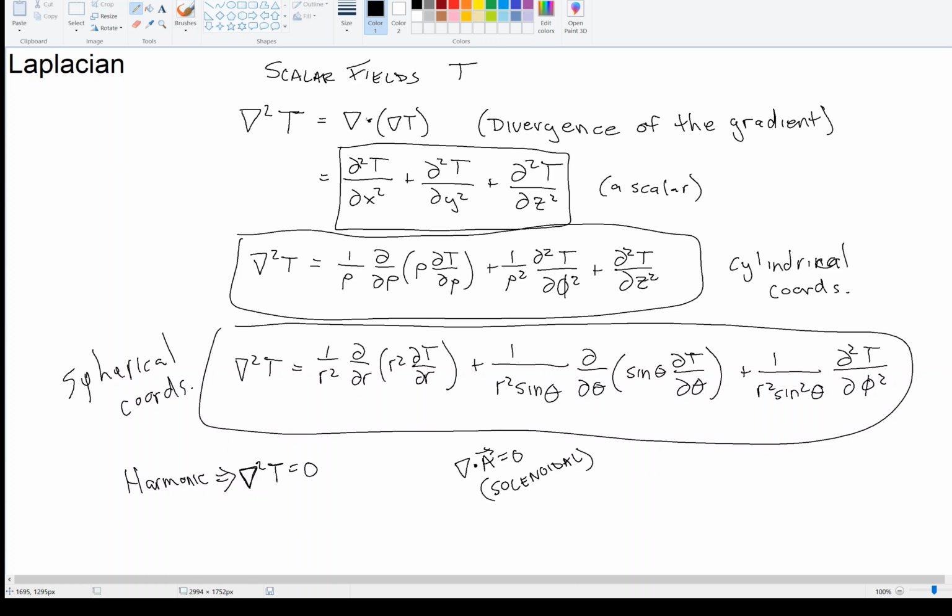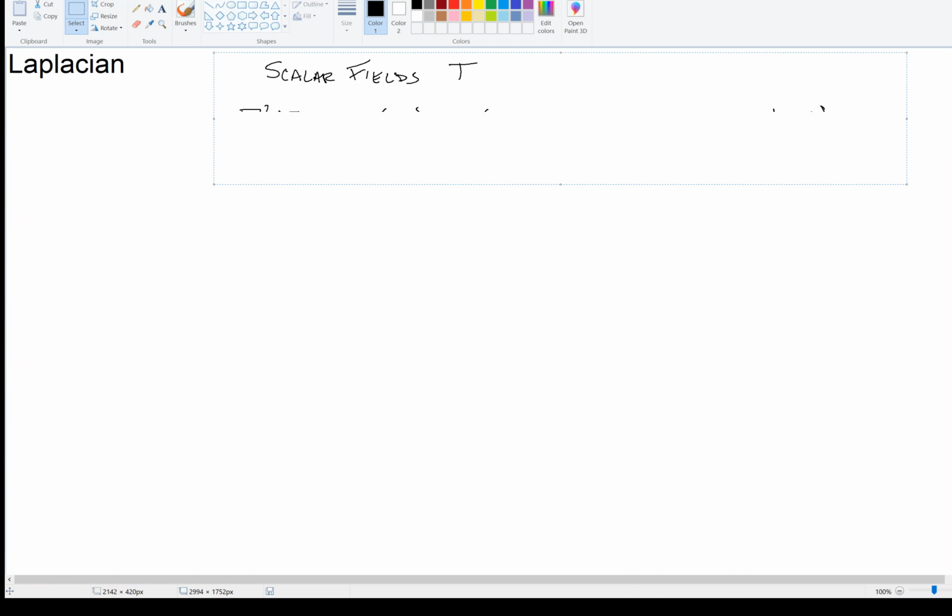All right, so that was for scalar fields, and for vector fields, it's defined a little bit differently. Vector fields now.